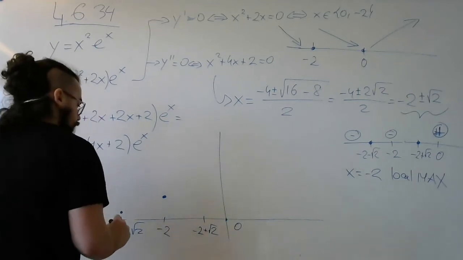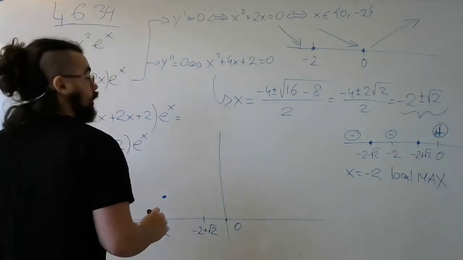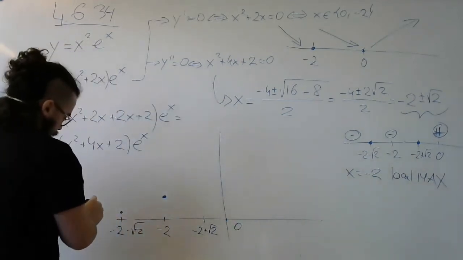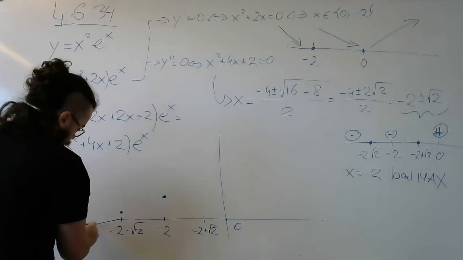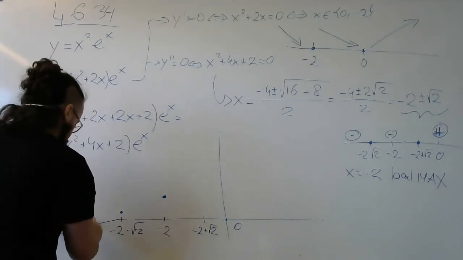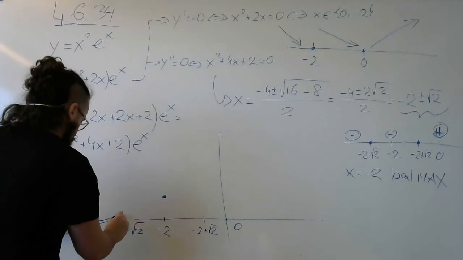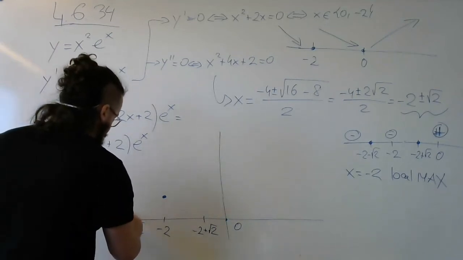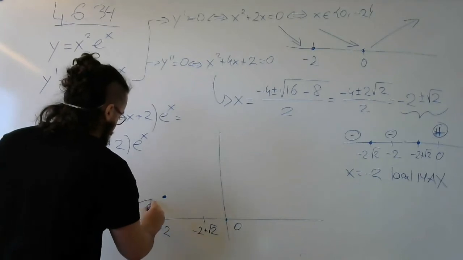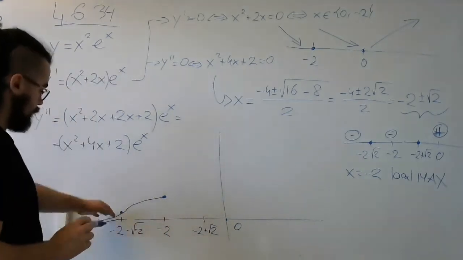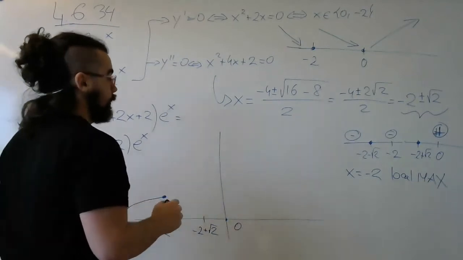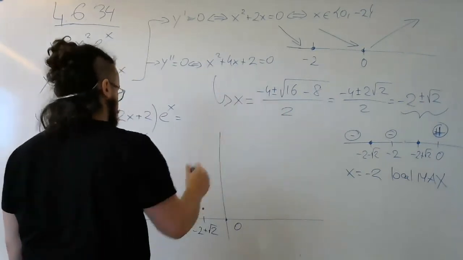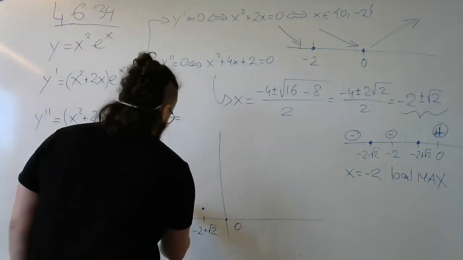So the function comes like this with a certain convexity. Here it has an inflection point, so it changes the concavity and convexity. Here we have another change.